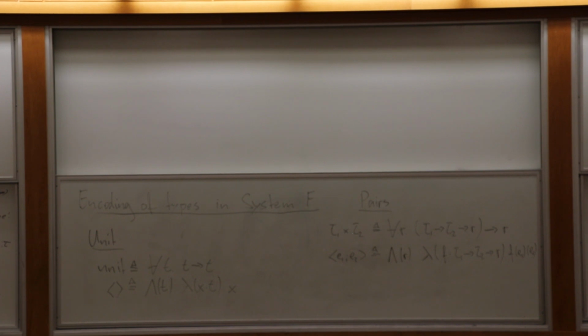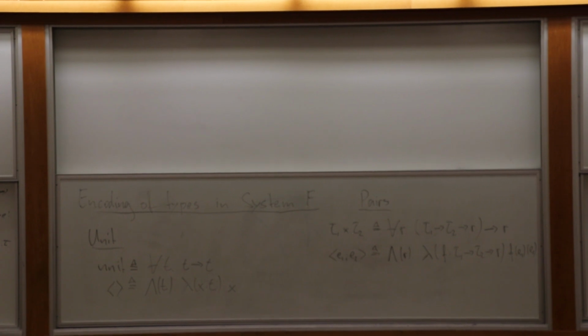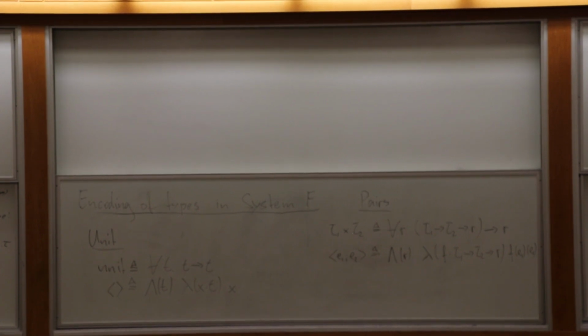So you tell me, describe me a pair of type tau 1 cross tau 2. And if you give me different tau 1 and tau 2, I give you a different thing. It looks exactly like that, but it's given to me and I describe what a pair of tau 1, tau 2 is.